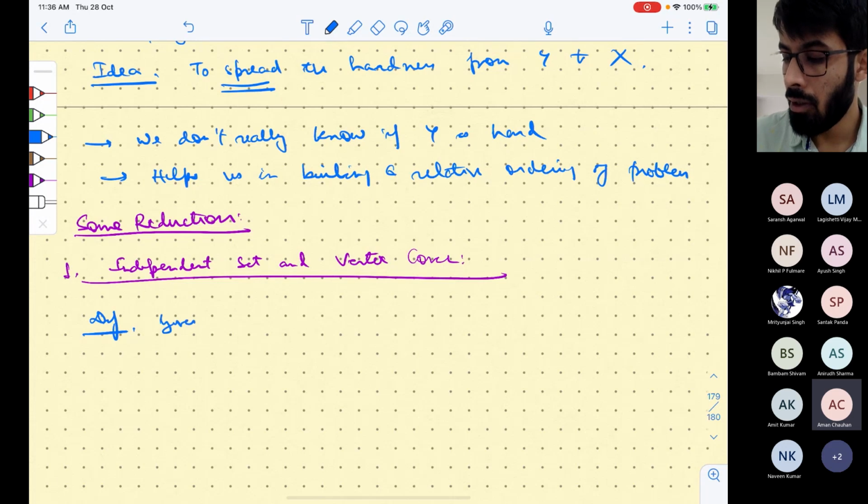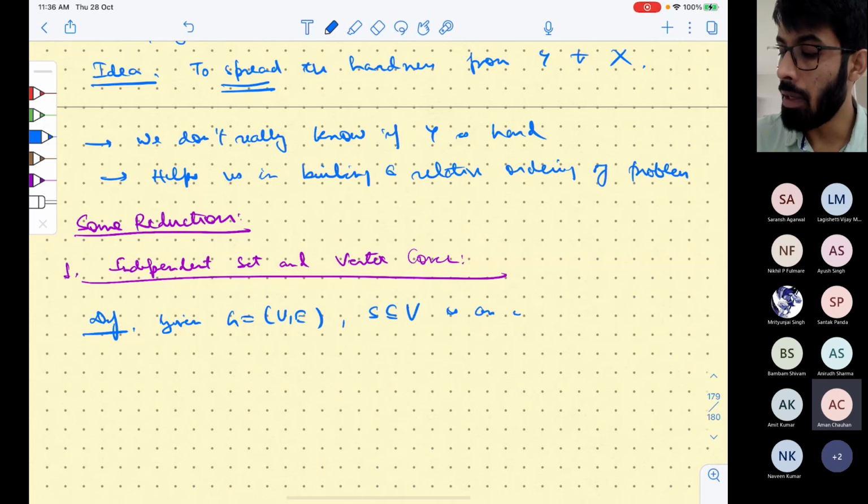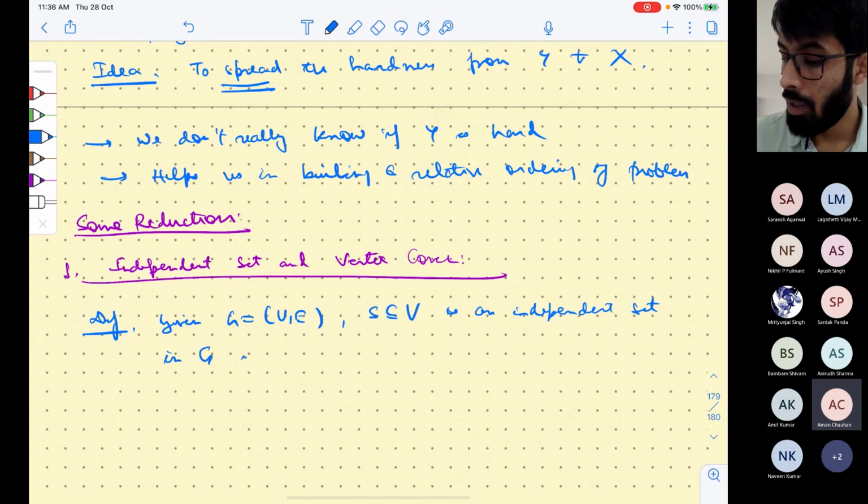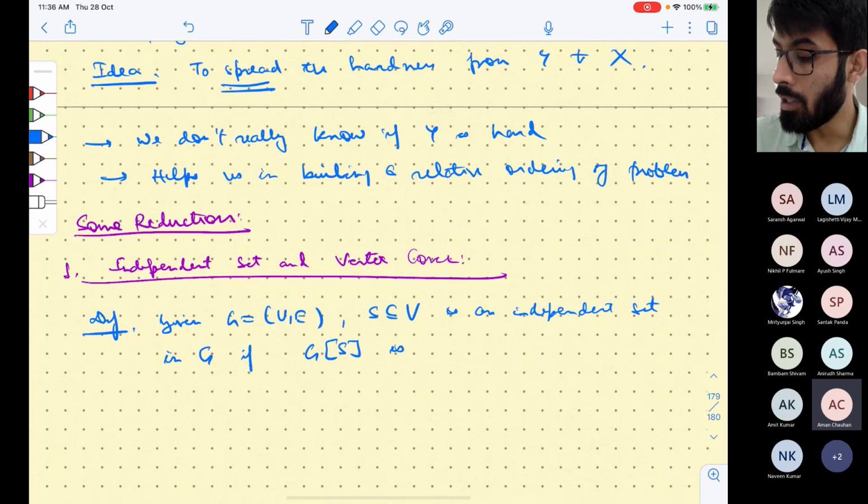Given G equals (V, E), S subset of V is an independent set in G, and let's call the problem IS later, if G induced on S is an edgeless graph.